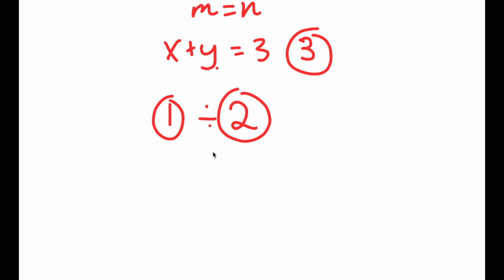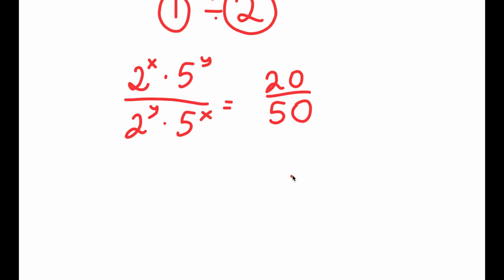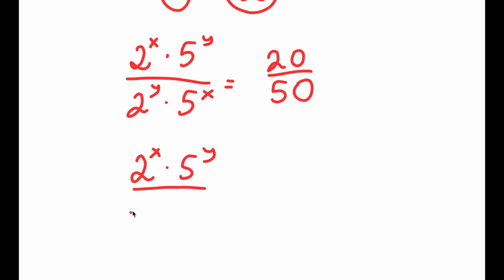So now I get 2 to the power of x times 5 to the power of y over 2 to the power of y times 5 to the power of x is equal to 20 over 50. So from here, this is the same thing as 2 to the power of x times 5 to the power of y over 2 to the power of y times 5 to the power of x is equal to 2 over 5.